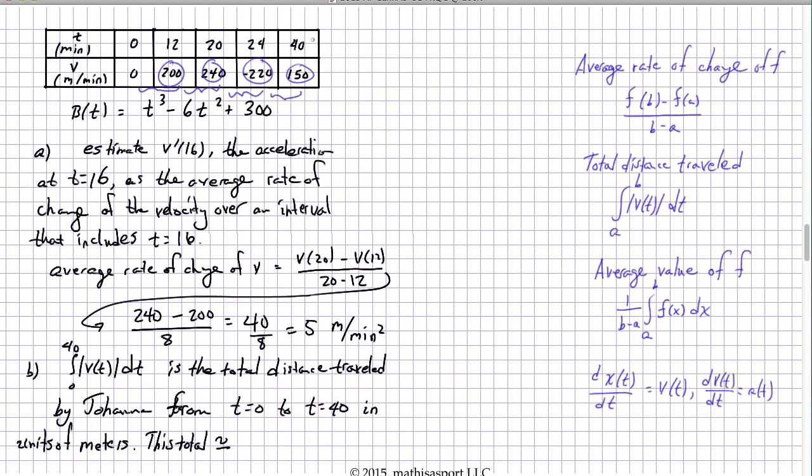So, in other words, it's going to be 200 times a distance of 12 plus a height of 240 times a distance of 8 plus a height of, again, positive 220 times a distance of 4 plus a height of 150 times a distance of 16.